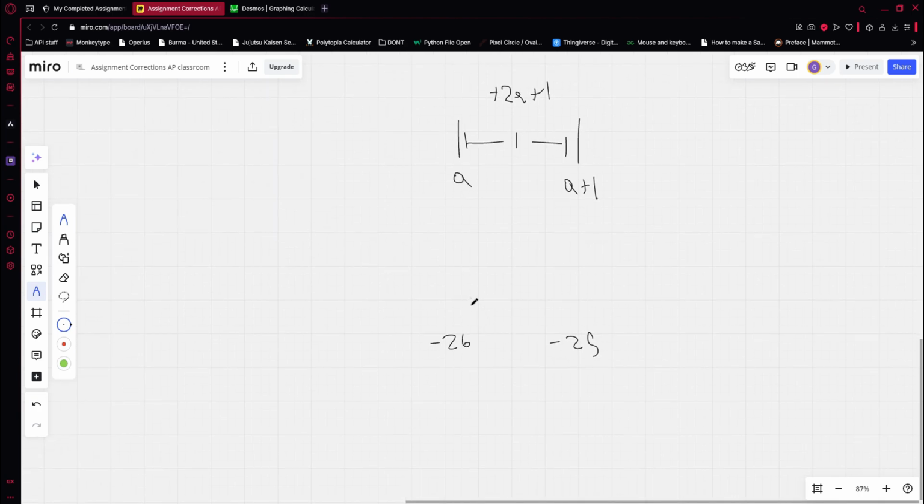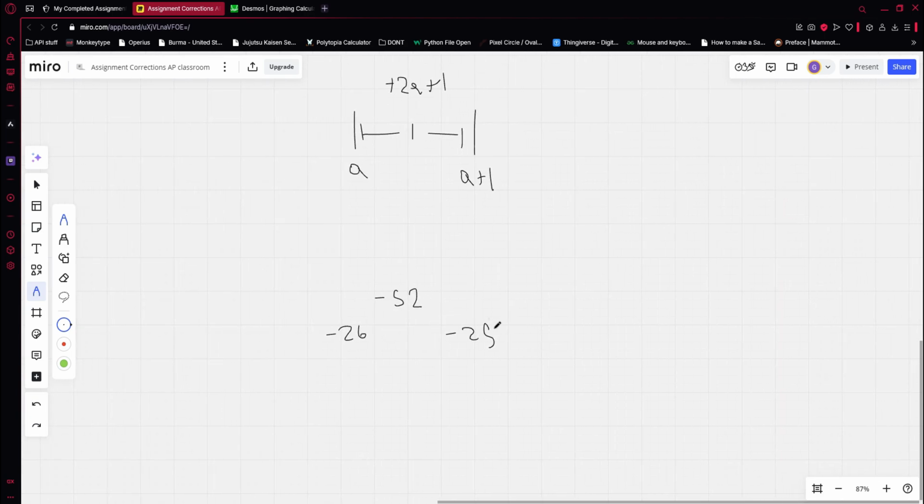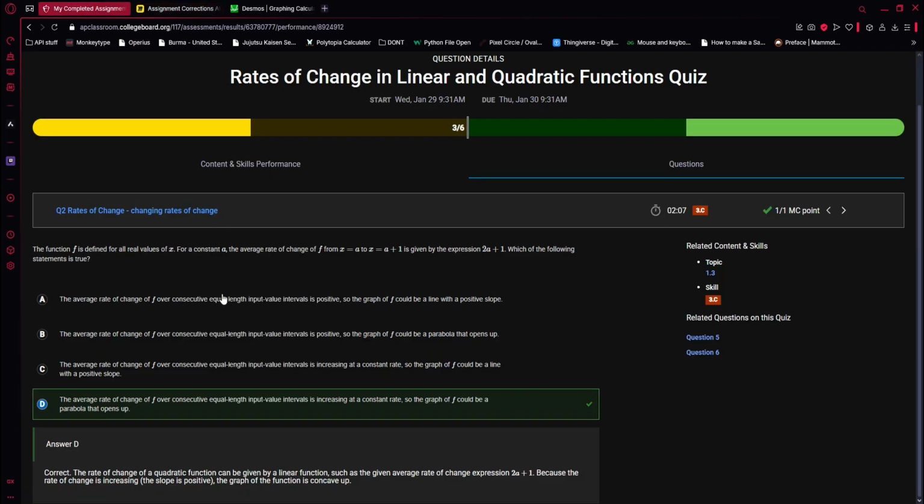And then we change our rate of change by how much? Minus 50 something, 52 plus 1? That is not positive. That is not a positive rate of change. And it's only going to get worse as you keep going. So I don't think it's positive.